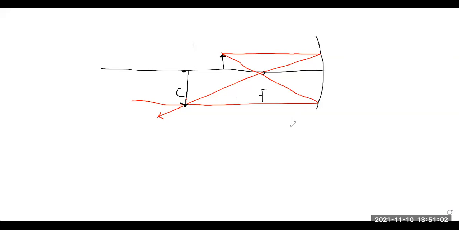There is a mathematical equation for where it will form. One over the distance to the object plus one over the distance to the image is equal to 1 over the focus.